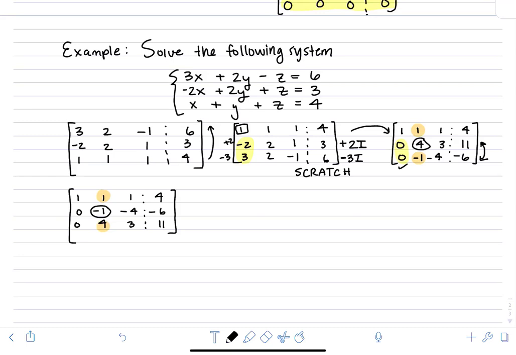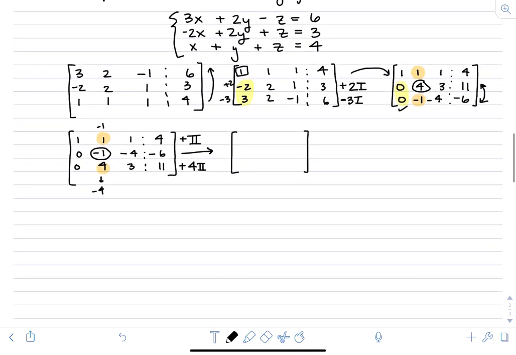So if I want to get rid of a 1, I should subtract 1. So that would be the same as just adding row 2. And if I want to get rid of this 4, I should be subtracting 4. So that tells me that I want to add 4 times row 2 to give me a 0 there. Okay, so let's go ahead and do that. And I'll keep track of the scratch here on the bottom.